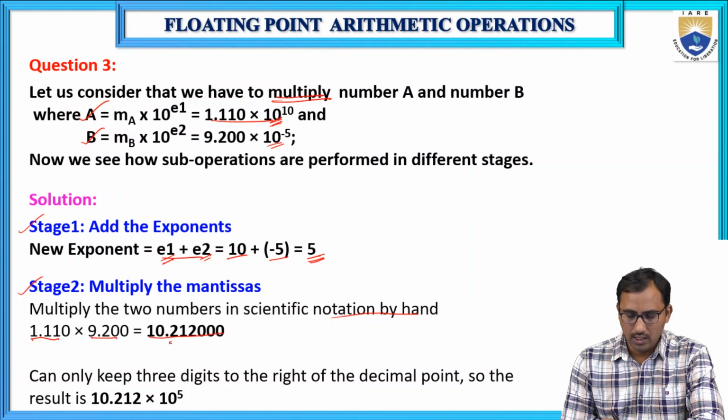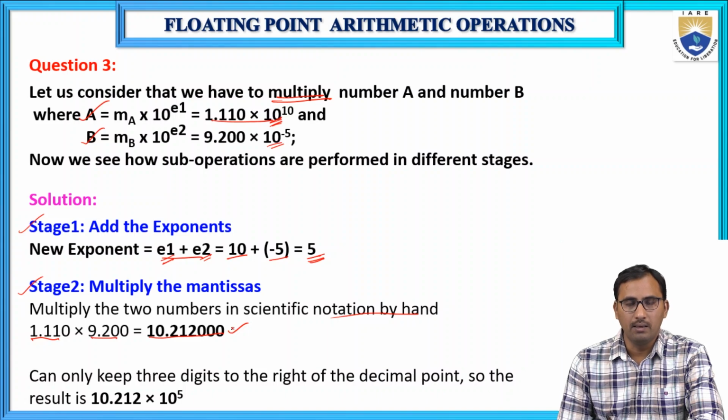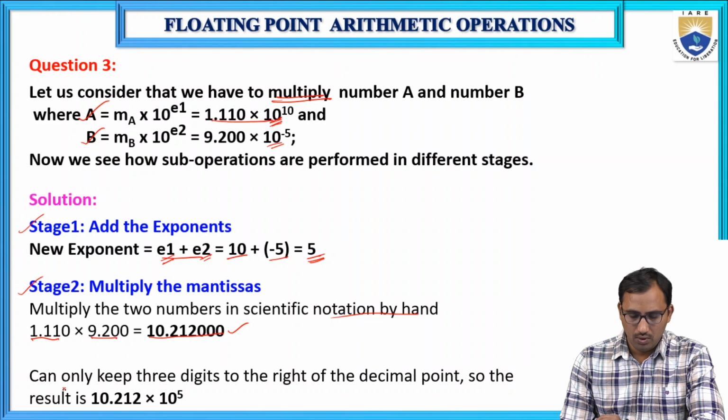It results in 10.212000. This is the resultant mantissa after performing the multiplication. Here we are considering only 3 digits after the decimal point, so we are rounding it to 10.212 into 10 power 5.